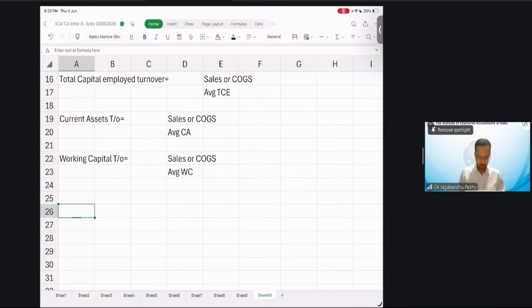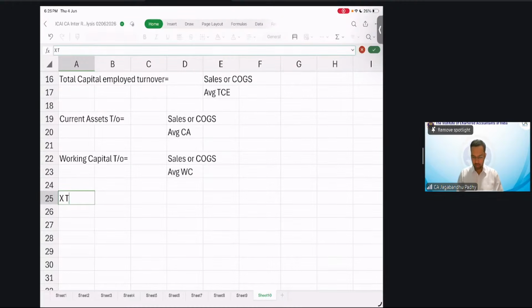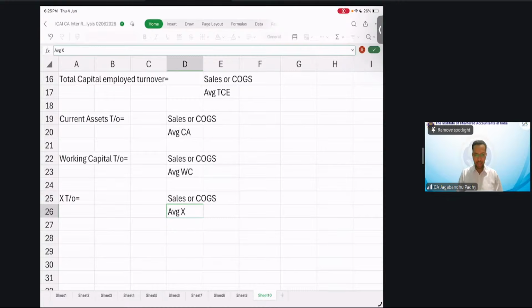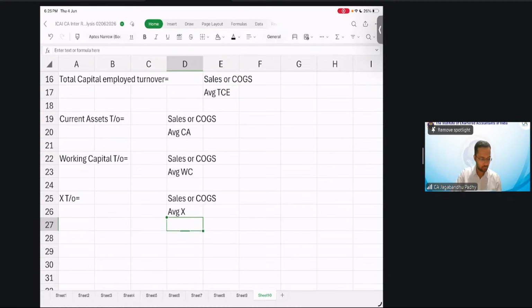So the general form of any X turnover is simply sales or COGS upon average X. So all these turnover ratios are going to have this simple format.